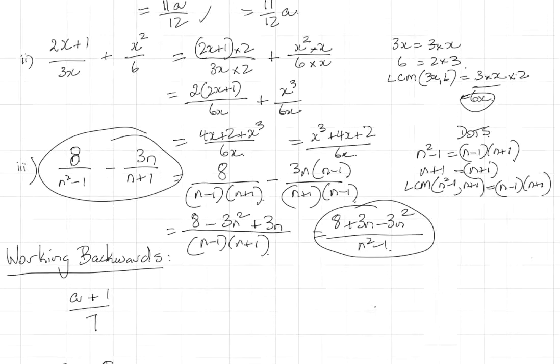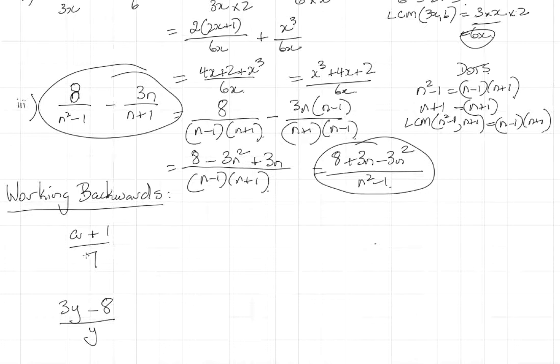Sometimes it's helpful to work backwards when we want to split a fraction into its individual fractions, and it's a matter of going backwards with addition. So if we've got it over a single denominator, we can put each of the terms on the top over that single denominator. So this would be a over 7 plus 1 over 7.